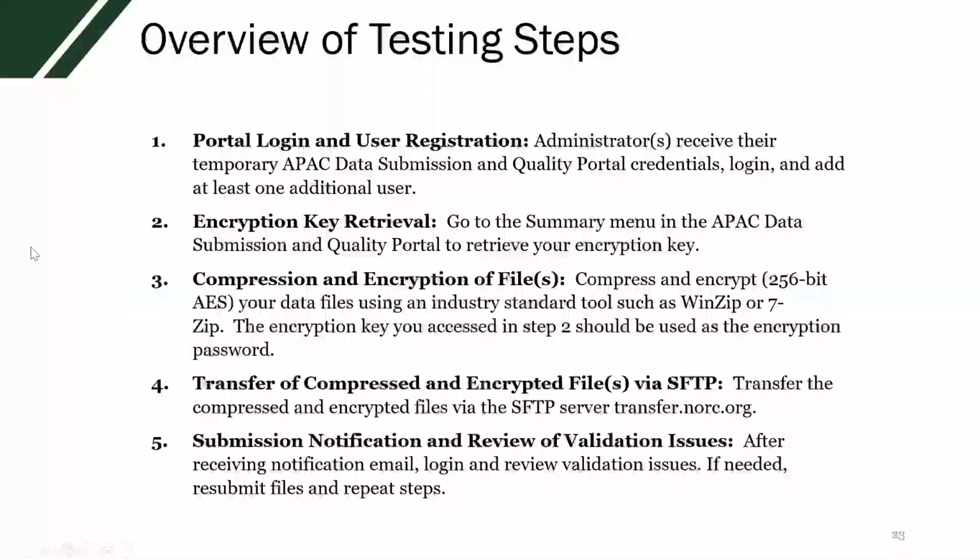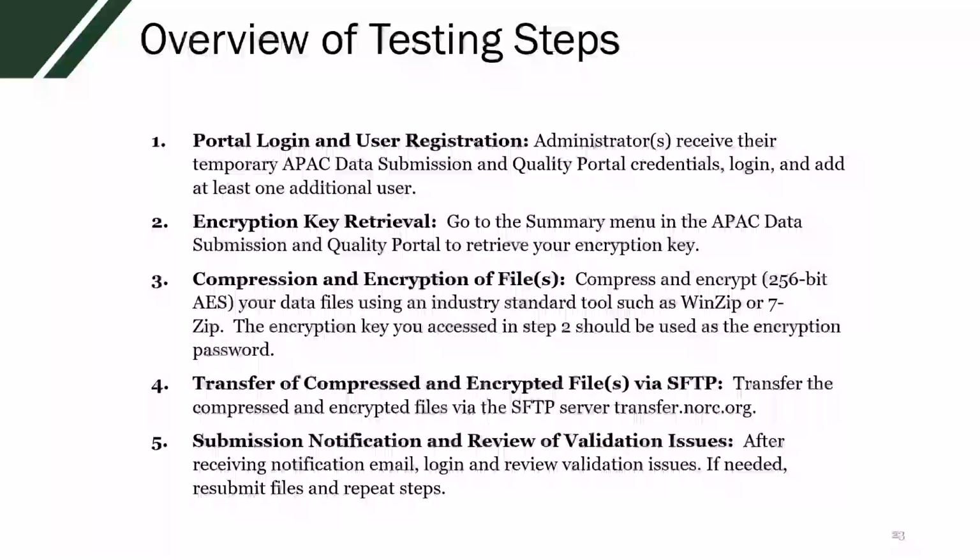So those are the goals, and this is kind of what the steps will be. Again, logging in, doing some user registration to get other folks added in the system. You'll be retrieving your encryption key through the portal. Then you'll be compressing and encrypting the files, transferring those files via SFTP, and then reviewing those validation issues.